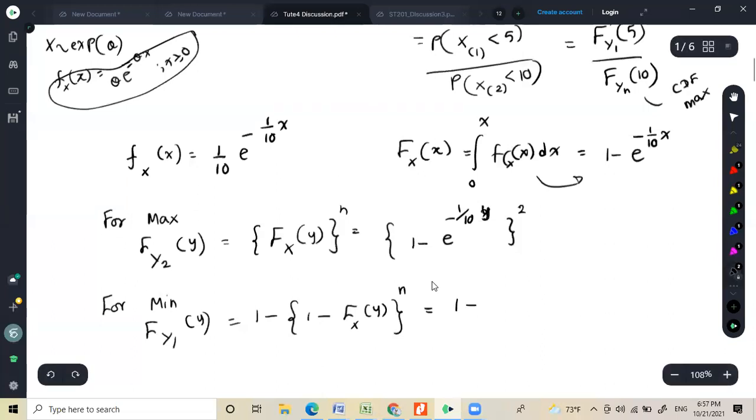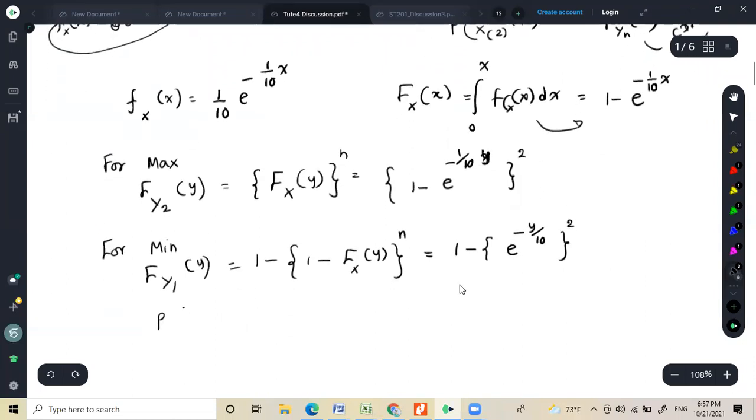So you have 1 minus (1 minus Fx), and the 1 and 1 cancel out. You end up with simply e to the negative y over 10, to the power of n, where n is 2. Then let's find the probability X1 less than 5. As I mentioned, this is simply the minimum evaluated at 5.